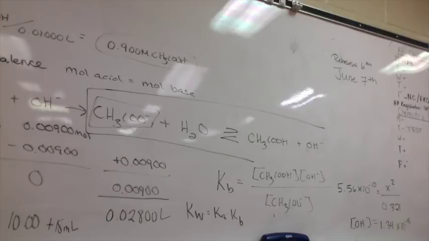So I'm going to negative log that to find my pOH. So pOH is equal to 4.87. I'm using a lot of sig figs here. I should just keep track, but I didn't. And then I'm going to subtract that from 14. And my pH at equivalence is 9.127. Does that make sense?